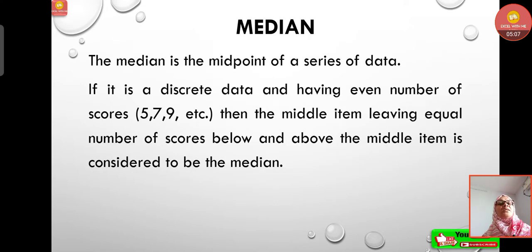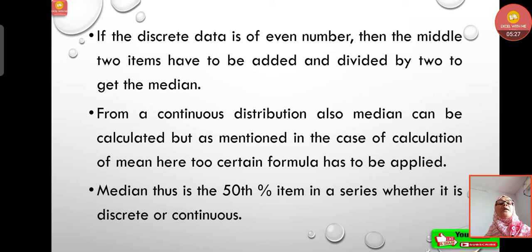Now median. The median is the midpoint. Median tells you the midpoint of a series of data. If it is discrete data having an odd number of scores, like 5, 7, 9, etc., then the middle item, leaving an equal number of scores below and above the middle item, is considered to be the median.